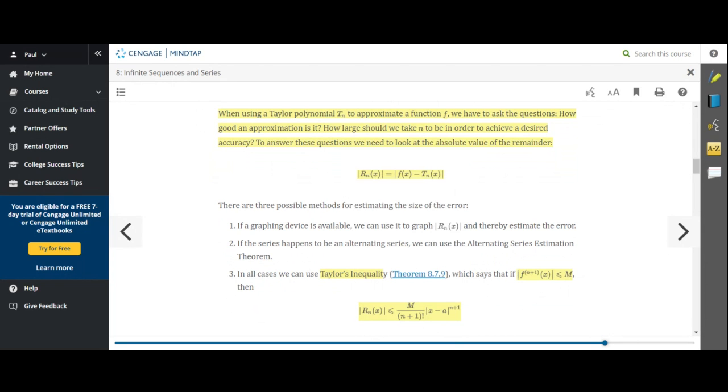Okay, so this result can be proven. We're not going to go through the proof, but they talk about it in the book, in section 8.7.